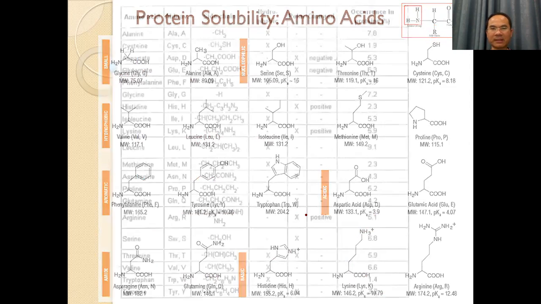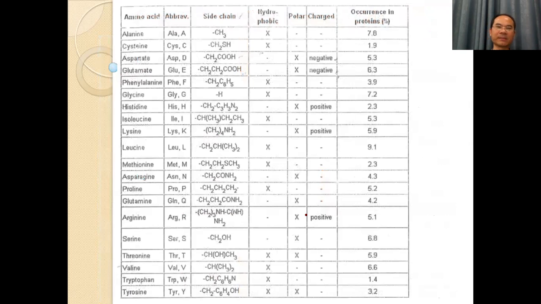We can classify amino acids in terms of hydrophobic, in terms of polar, or in terms of charge. For example, alanine, Ala or A. The amino acid has at least an amino group and a carboxylic group, and the side chain for this one is CH3, a methyl group.